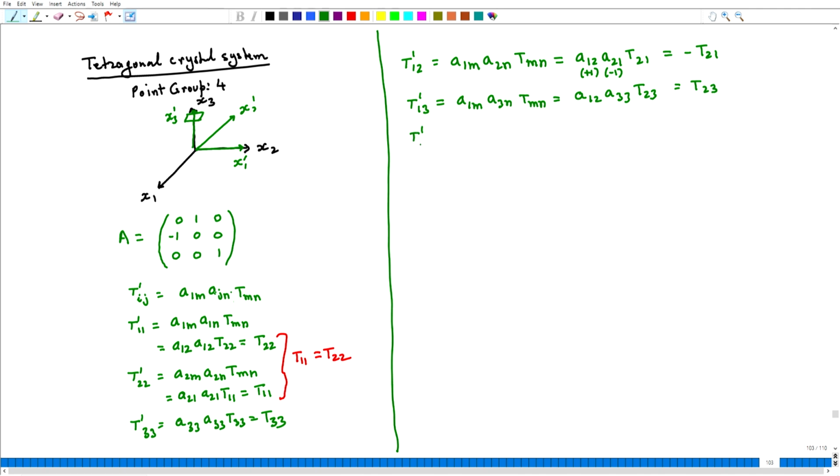T prime 23 is a2m a3n tmn. Now, this would be a21, a33, t13.